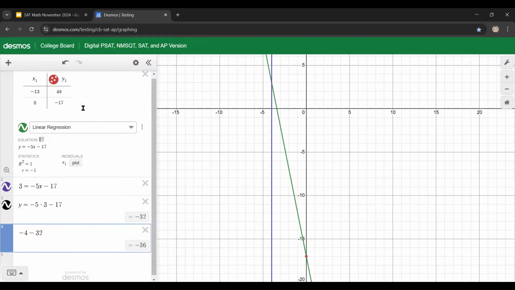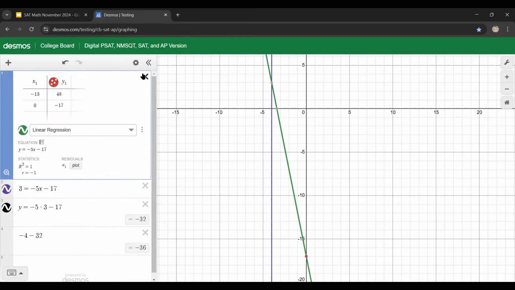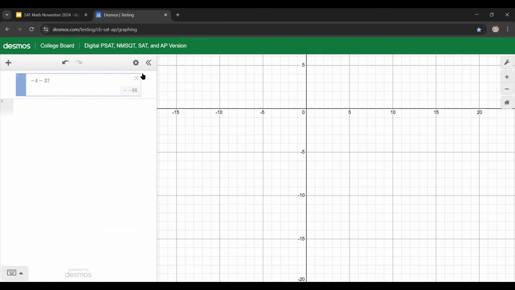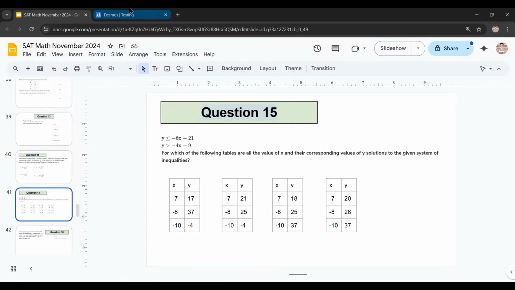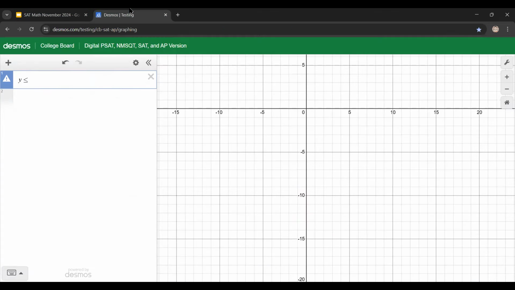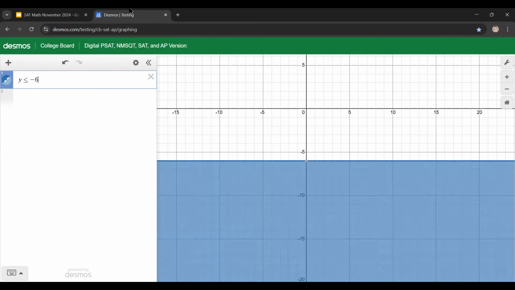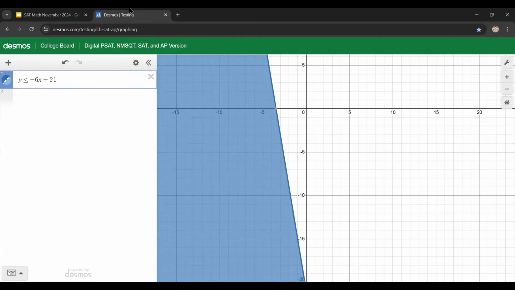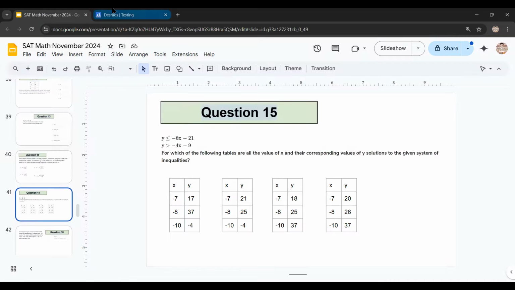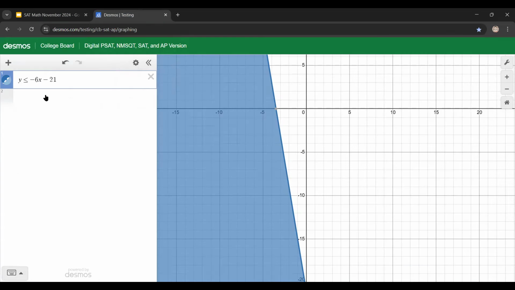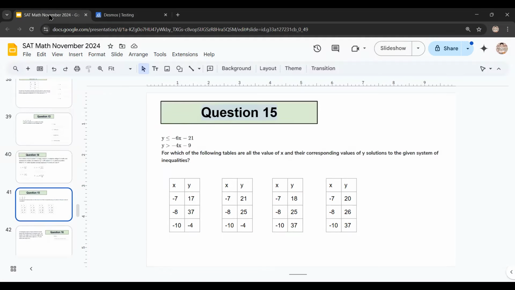So you have y is less than or equal to minus 6x minus 21, and y is greater than minus 4x minus 9.